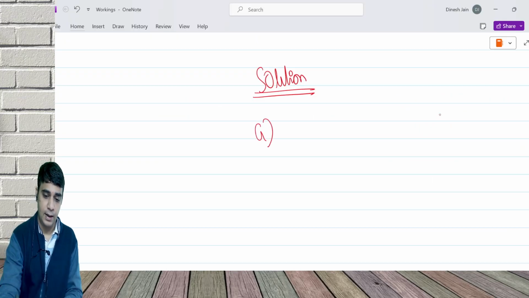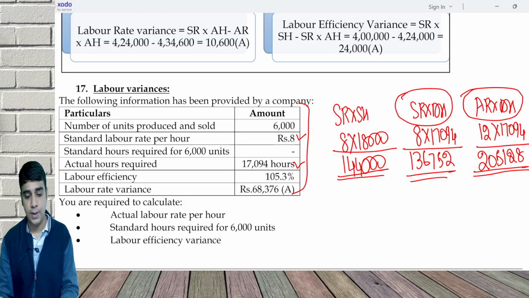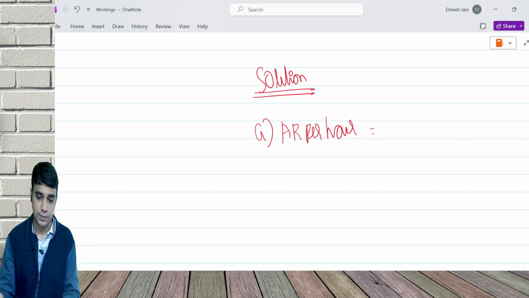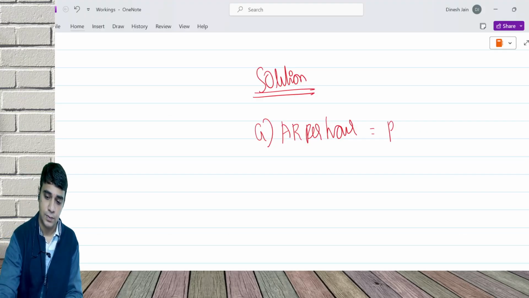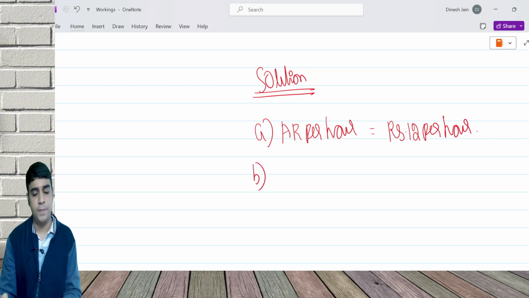Point number A, actual rate per hour is equal to rupees 12.